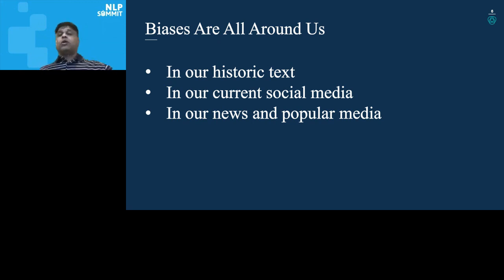When I say historic, I'm not talking about mythological, ancient texts. I'm talking about any text in the past 2,000, 3,000, 5,000 years, right? And if you look at our current social media or popular media or news outlets, biases are littered all across in the corpus of data.